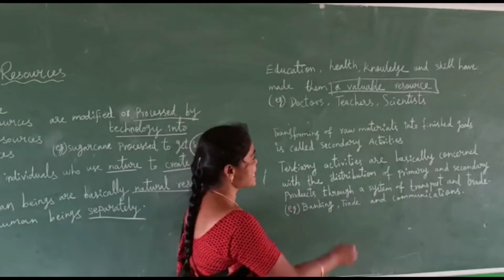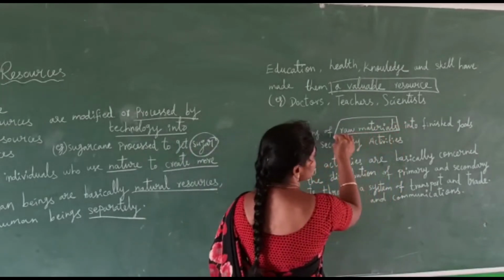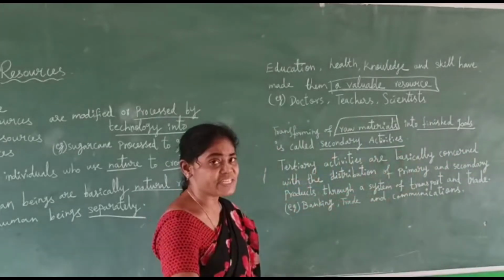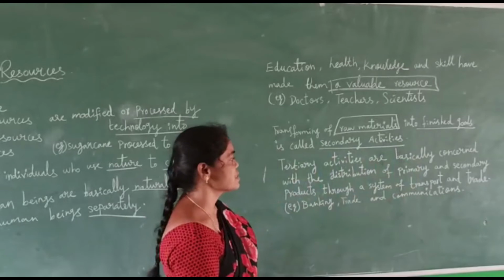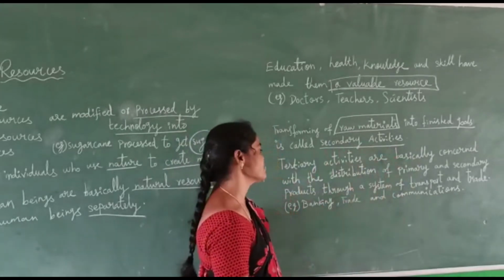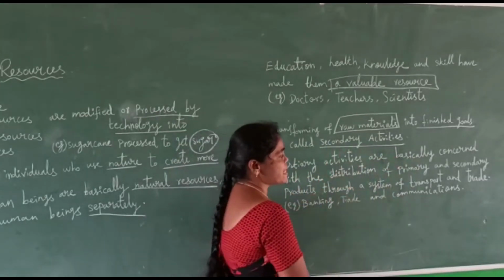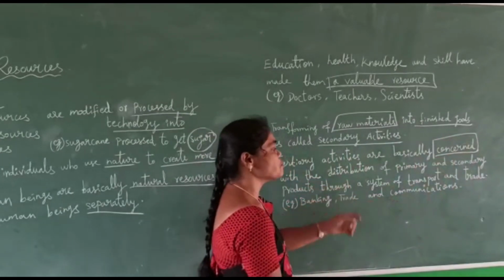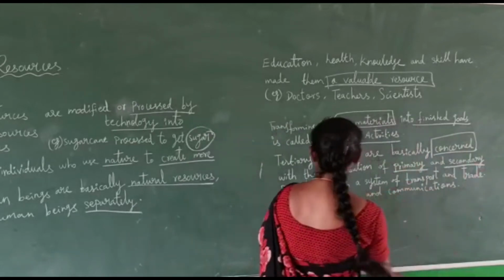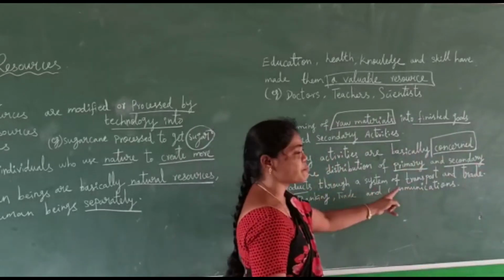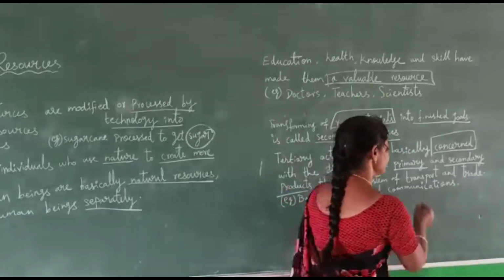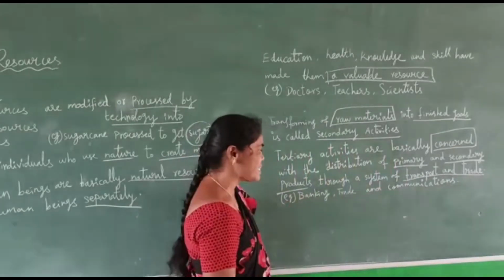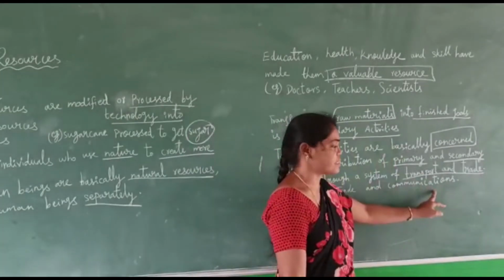Now, transforming raw materials into finished goods is called secondary activities. Tertiary activities are concerned with the distribution of primary and secondary products through a system of transport and trade, for example, banking, trade and communication.